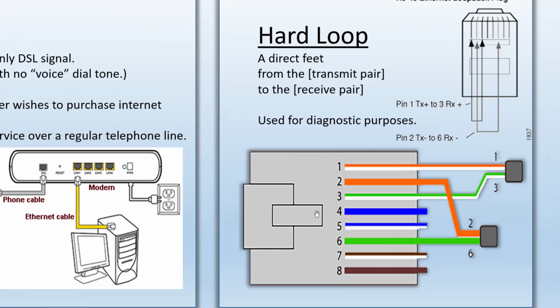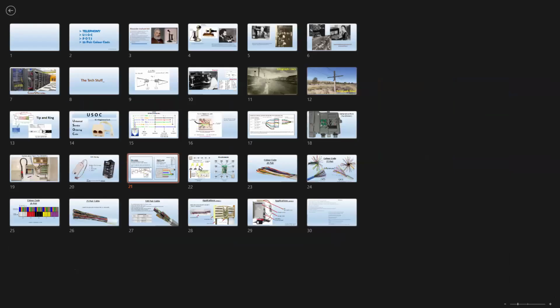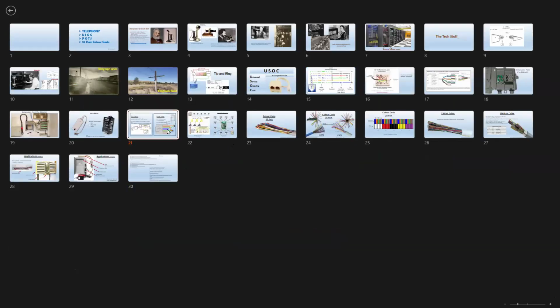You plug in that hard loop, let them do their testing, and they will tell you, okay, you can unplug this hard loop now, and then you can connect the rest of the circuitry as it was. The testing is done. So this is just for diagnostic purposes.